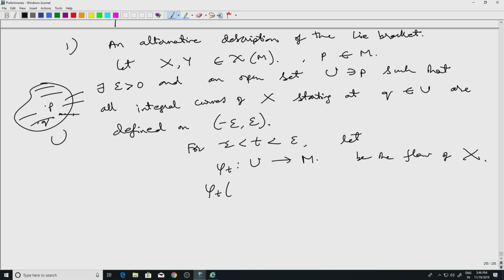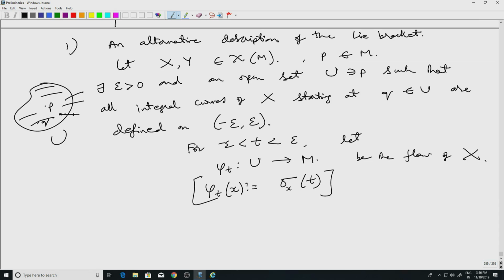Phi t of x is: you look at the integral curve which starts at x and move along that for time t.